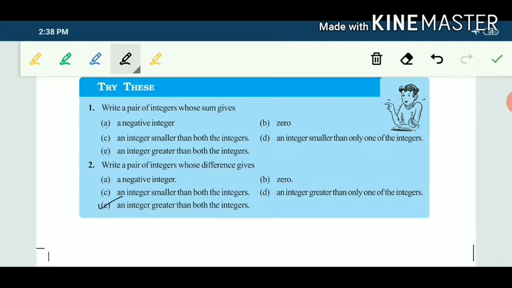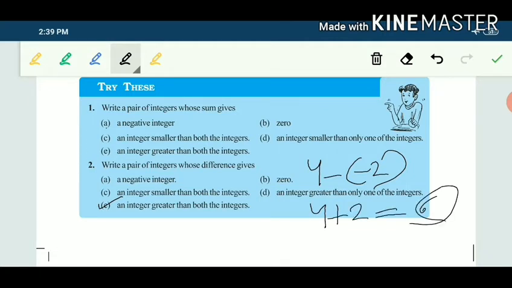Fifth part, an integer greater than both the integers. So take one positive integer, their difference, and a second negative integer. Open this bracket, minus minus plus, so it becomes 4 plus 2 that is equal to 6. So 6 is greater than both 4 and minus 2.